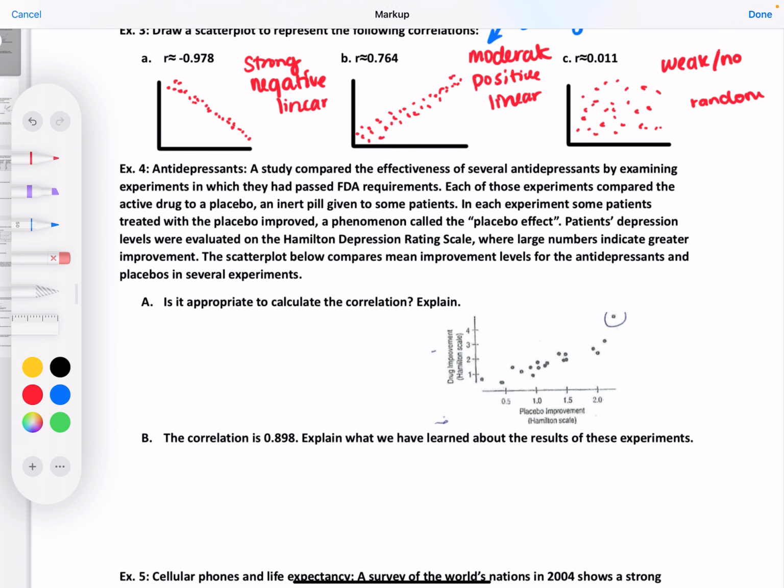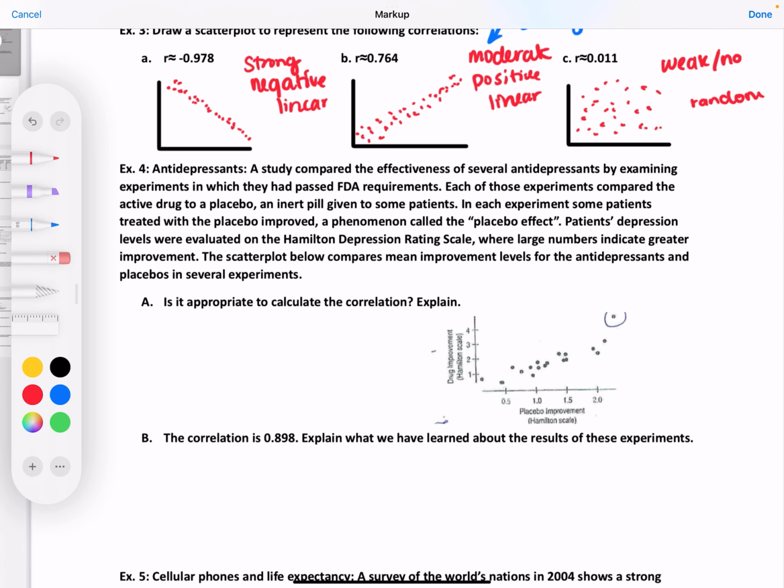All right. So, is it appropriate to calculate the correlation? In terms of what things are we looking for to see if we can use the correlation?